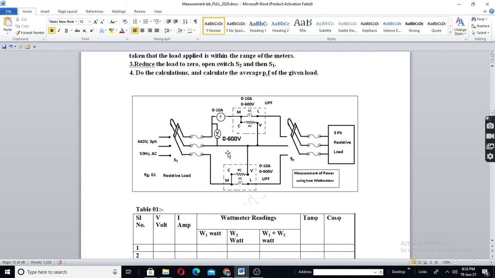See, the 2 wattmeter method is used when there is no neutral. When neutral is not used, you can use 2 wattmeter method.